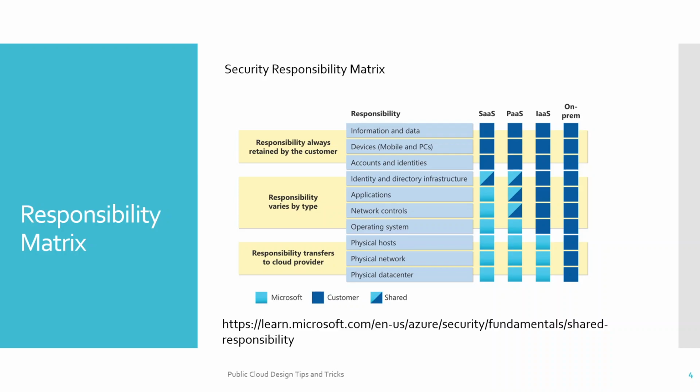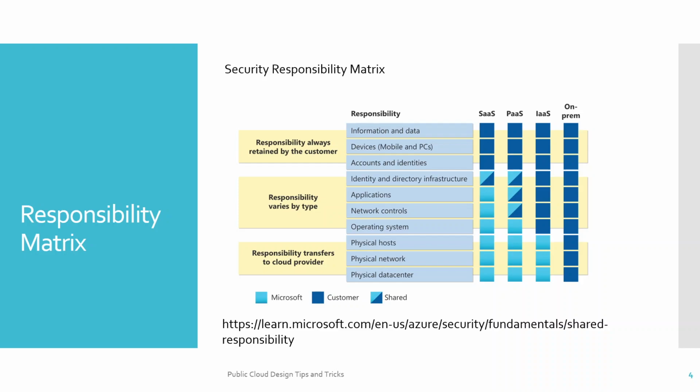This example covers a few dimensions in blue, where the responsibility will be applicable: information, data, devices, accounts, identity, applications, network controls, operating systems, hosts, physical network, data center. These are the areas of interest where the responsibility matrix is defined in this example.